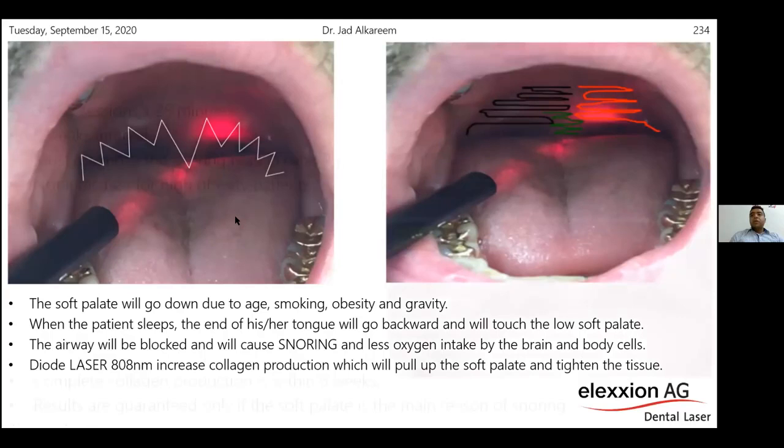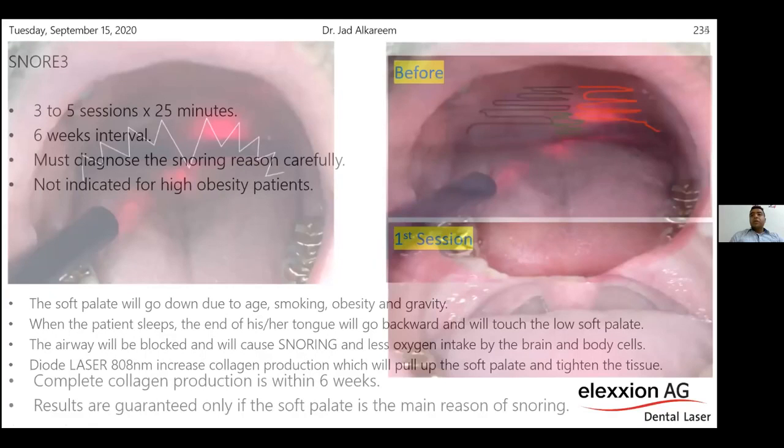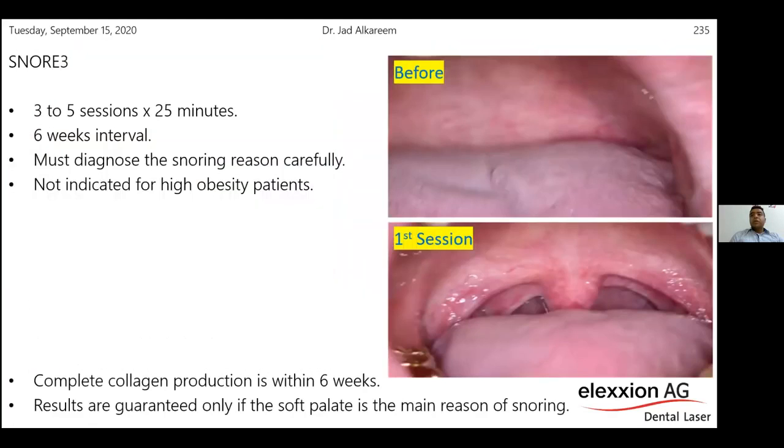This device comes with around 70 dental applications. All these applications are preset, plus you have also a customized mode to control the power, the frequency, and the pulse duration, plus it comes with a software called Snore 3. Snore 3 is available in Genoa University Research Center, and they are doing a lot of research about treating the patients who complain from snore.